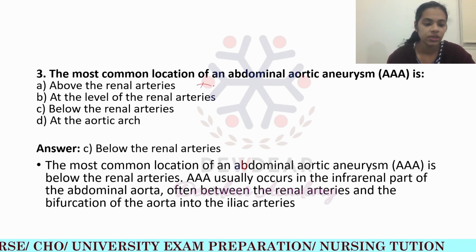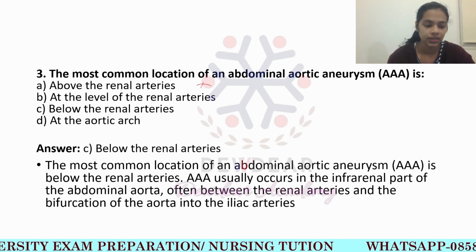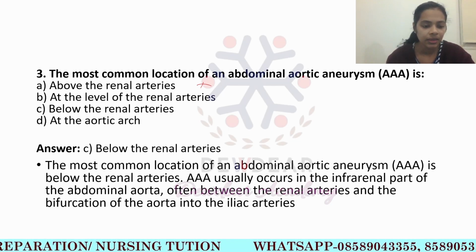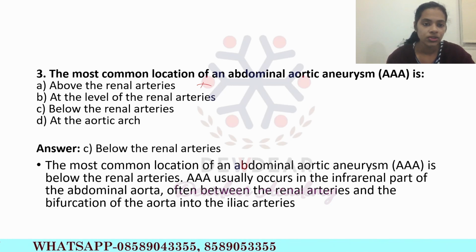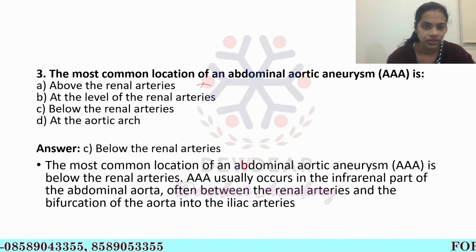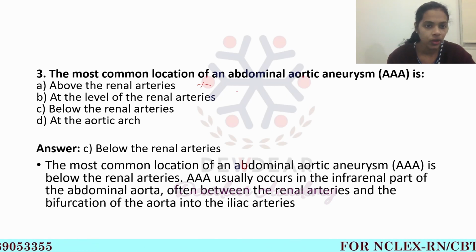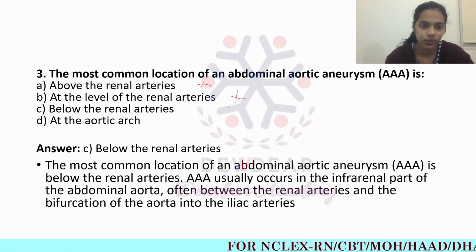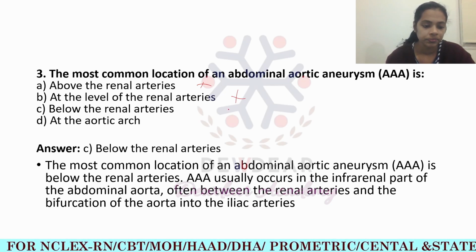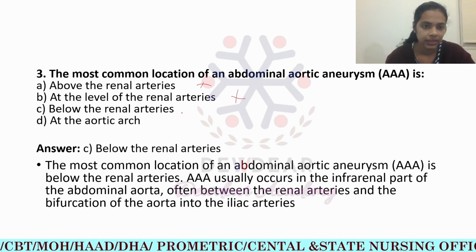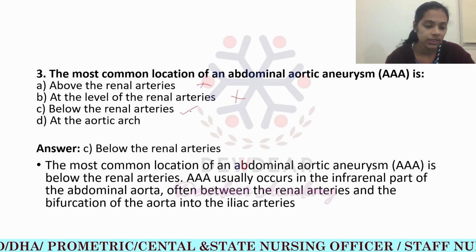Then we have the option B, at the level of renal arteries. Aneurysm can sometimes involve the origin of the renal arteries, but this is also less frequent. It can occur above the renal arteries and also at the level of renal arteries, but these are all rare.